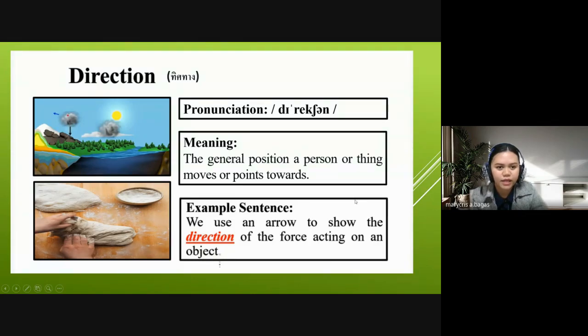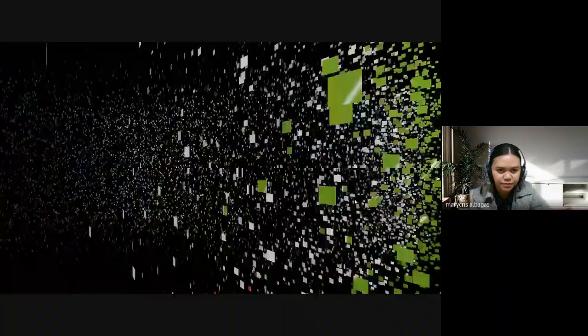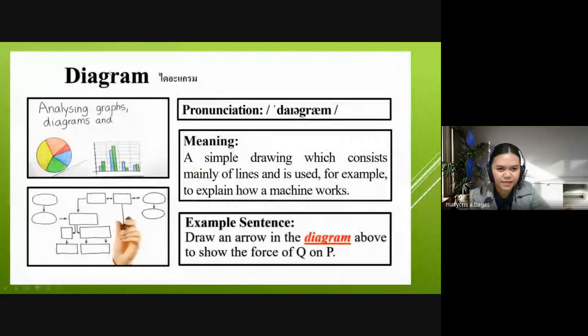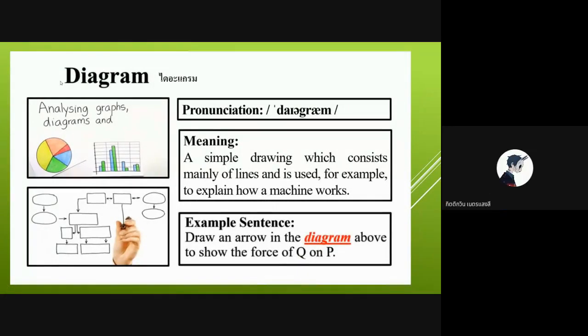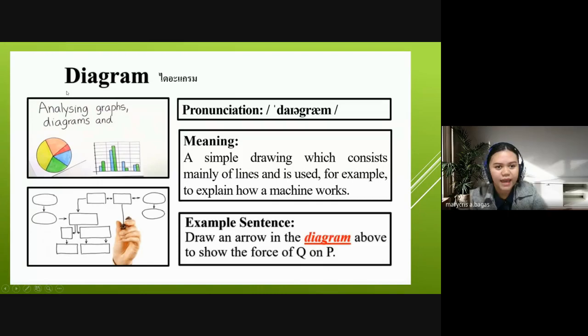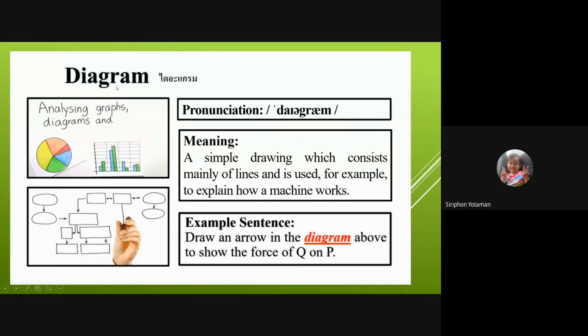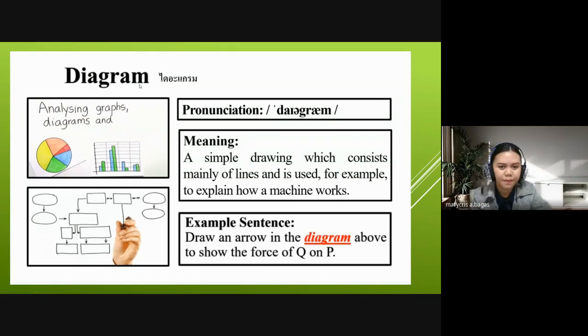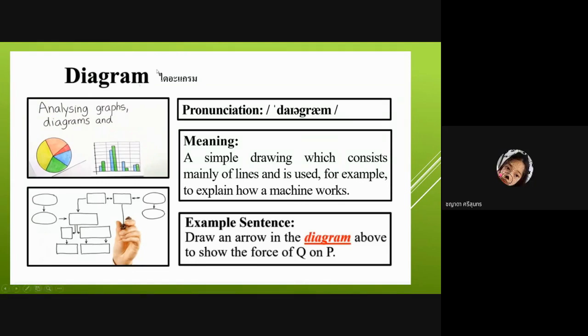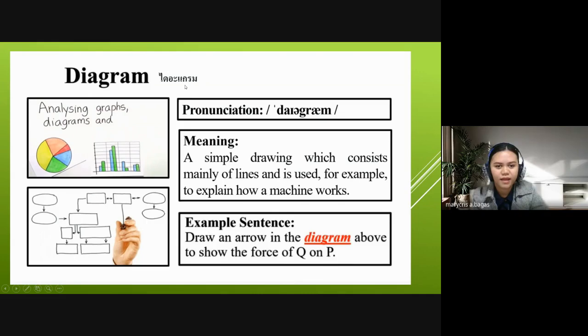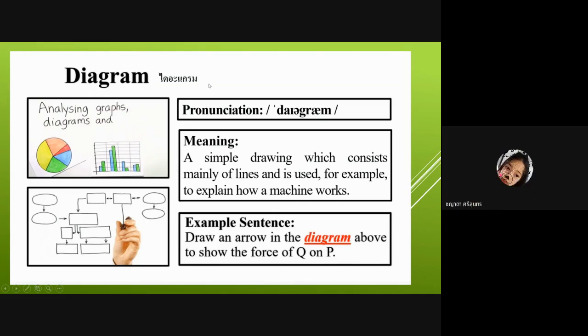Next word is diagram. Let's spell diagram: D-I-A-G-R-A-M.